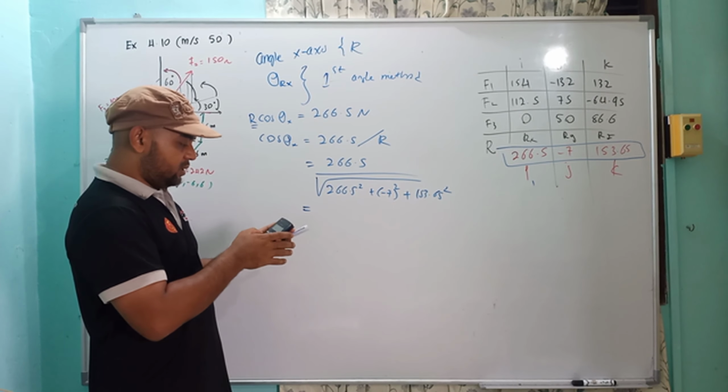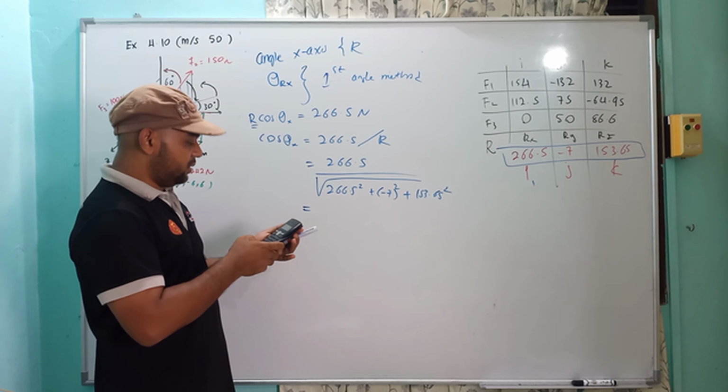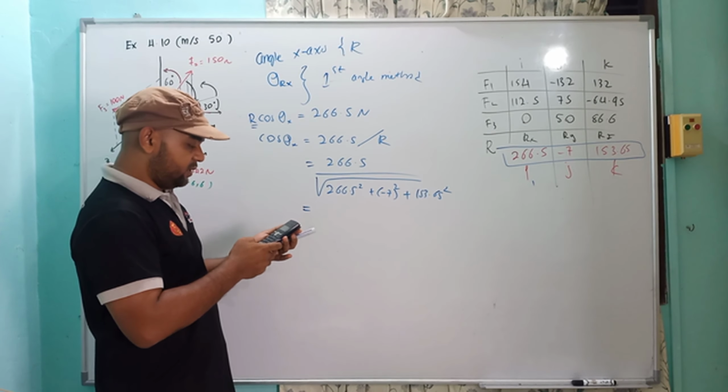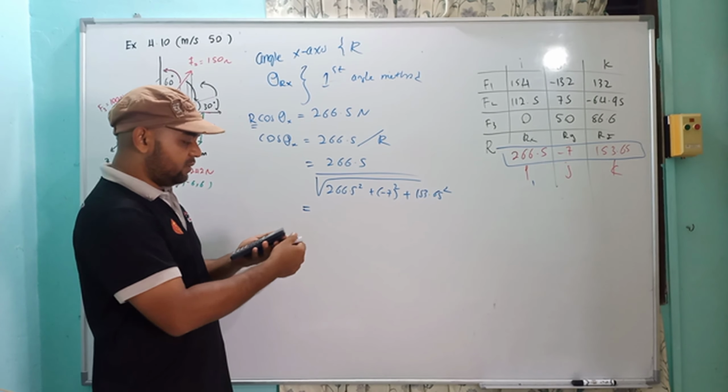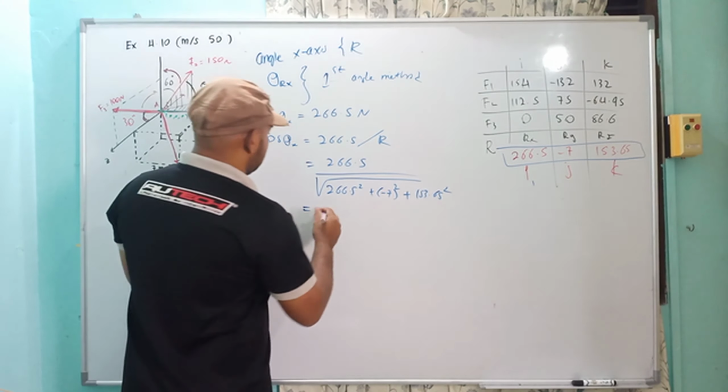You take the square root of everything, and 266.5 divided by the answer, I have 0.866.